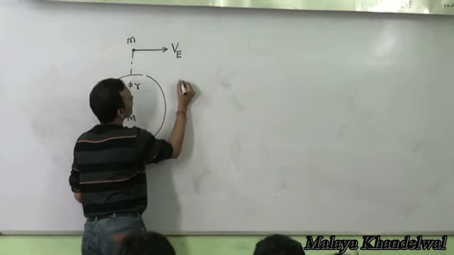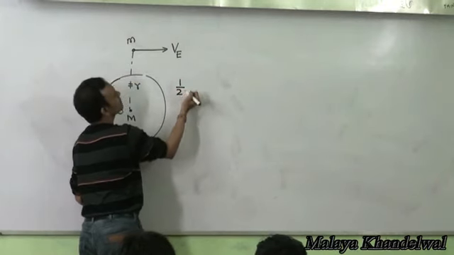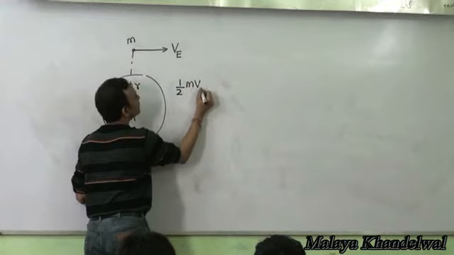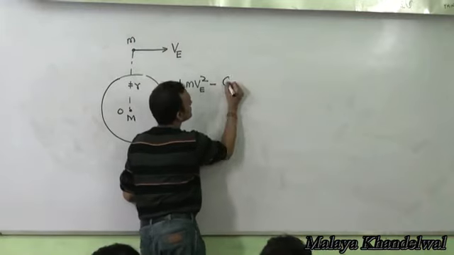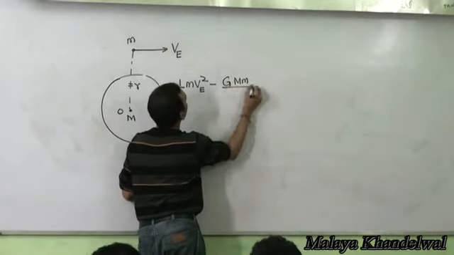Now, the total energy of the particle here is kinetic, half m Ve square, and there is potential, which is minus GMm by r.